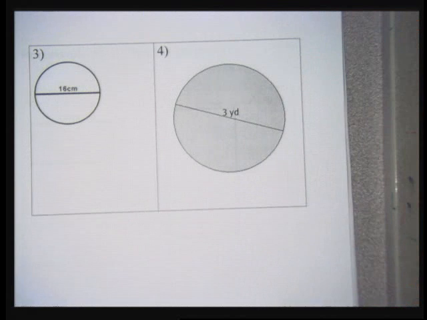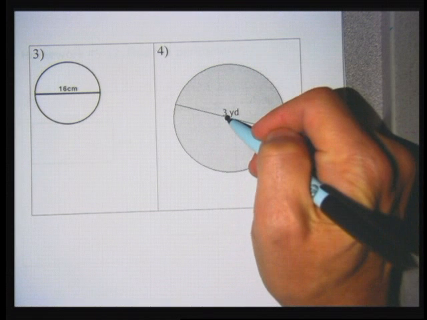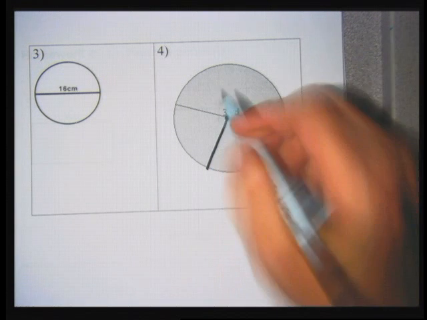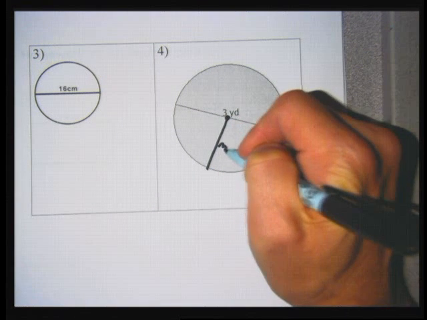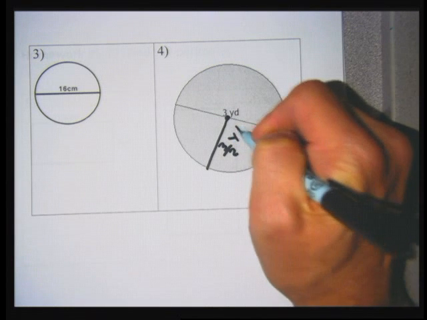Problems 3 and 4 give me not a radius, they give me a diameter. So in problem 4, I need to figure out what the radius is. If the distance all the way across the circle is 3 yards, if I divide that by 2, I'll get a radius, because a radius is half of a diameter.